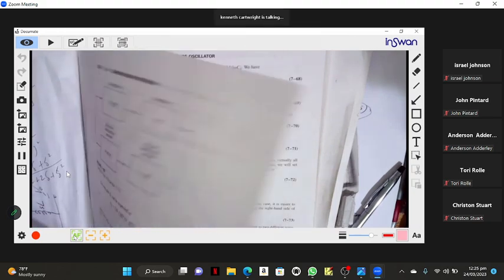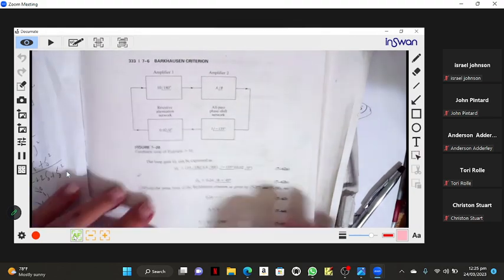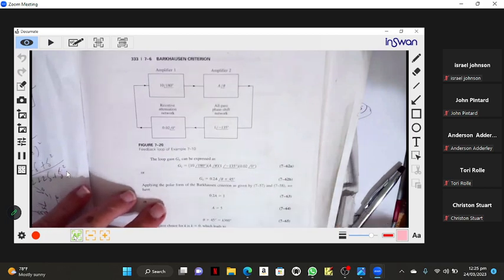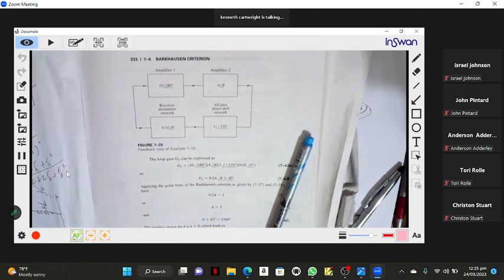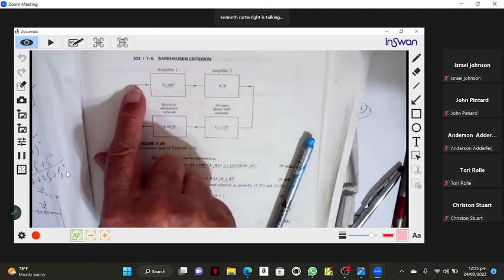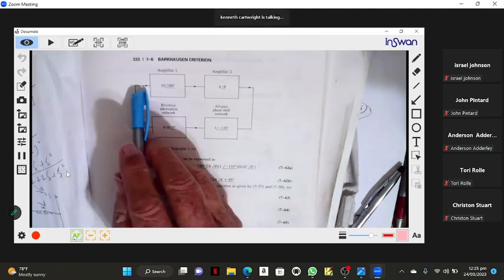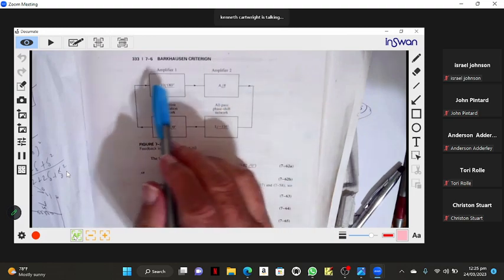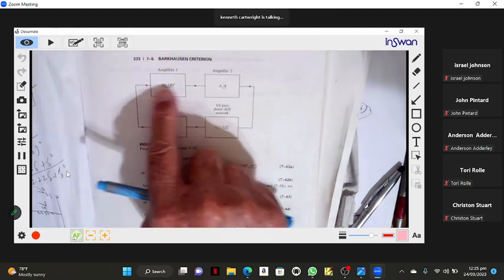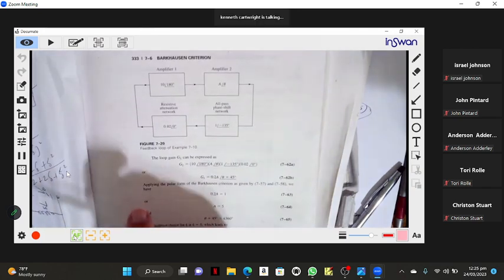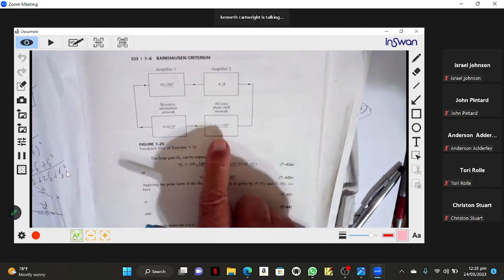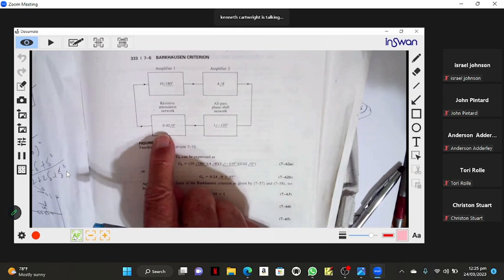So let's look at figure 7.20. We could call this the input to G of S. Amplifier 1 times amplifier 2 is G of S. H of S or beta is this times this.